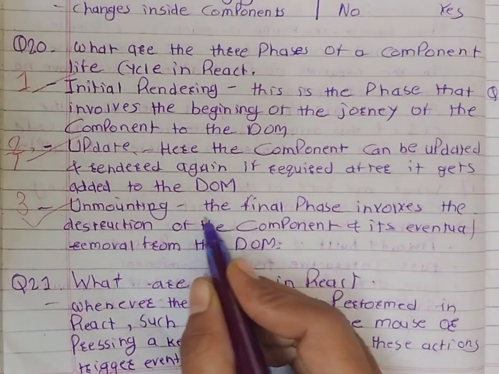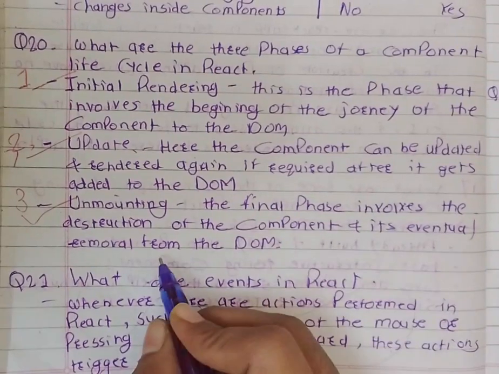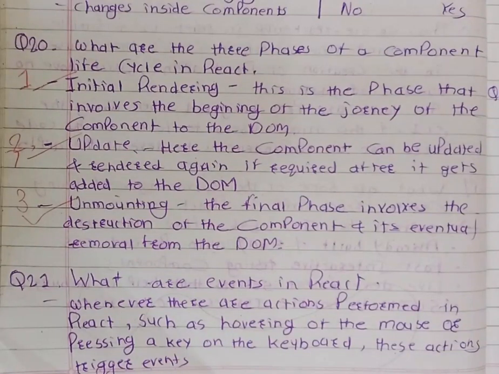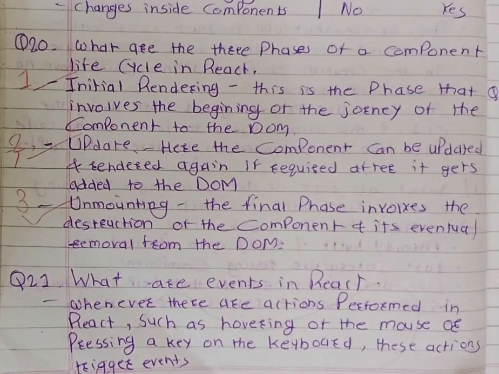Then unmounting: the final phase involves the destruction of the component and its eventual removal from the DOM. So when the function has done its tasks as required, it removes that function from the component.